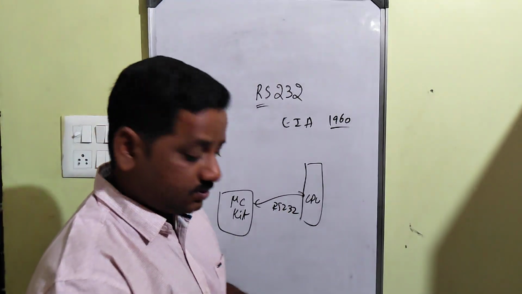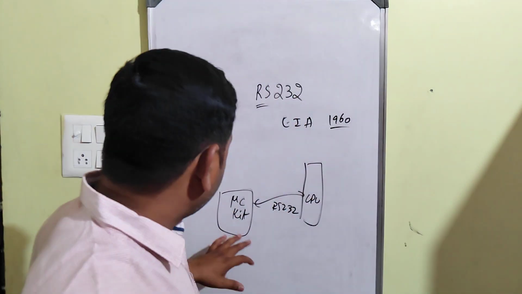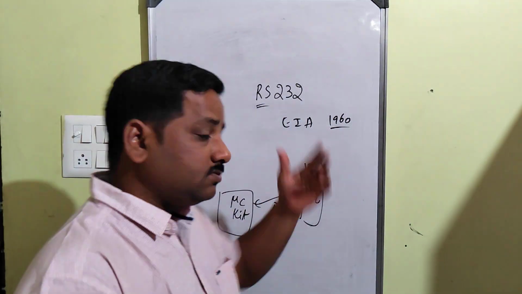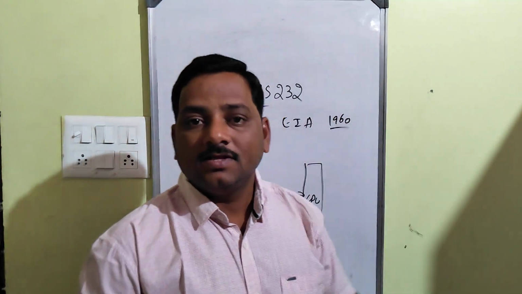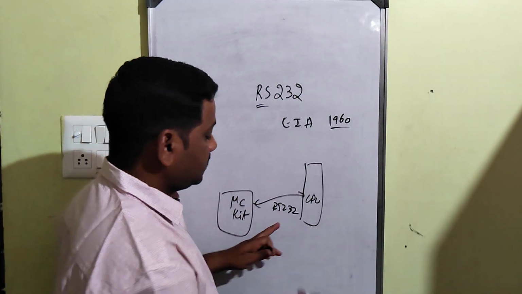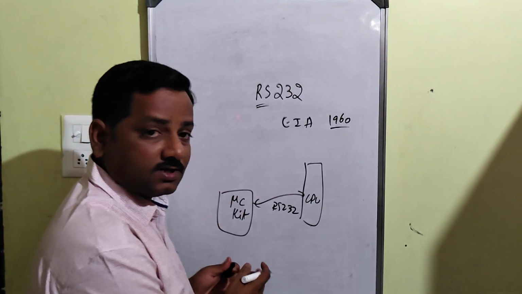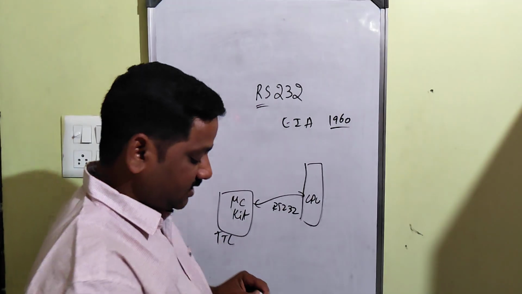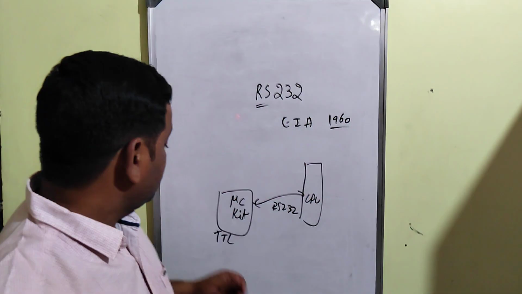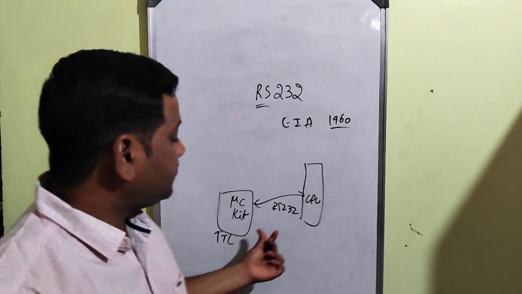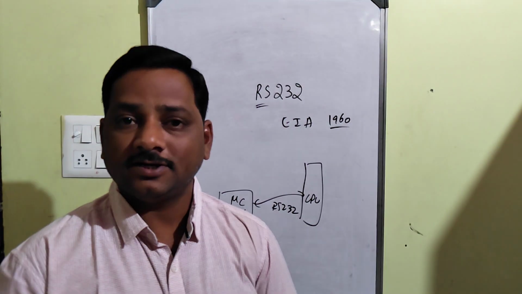So compatibility is to be matched. The problem is the microcontroller kit is a newer version, whereas RS-232 was developed in the year 1960. The logic used here is not TTL, whereas most microcontroller kits use TTL logic, developed using transistor logic. So the operating voltage for the kit will be different from the voltage operation of RS-232.